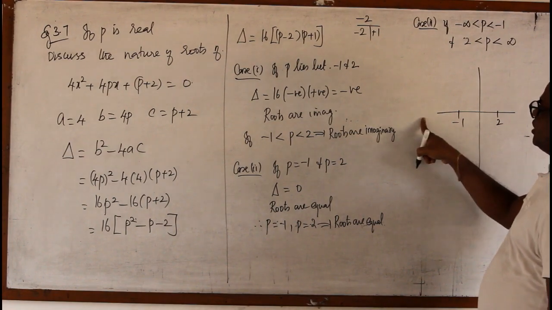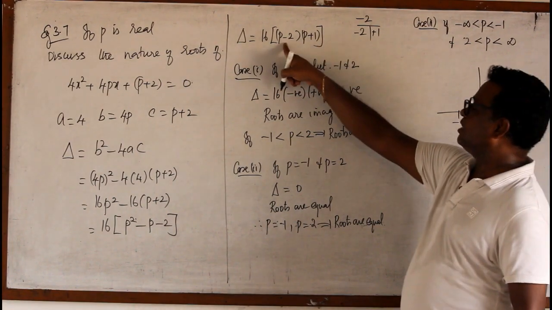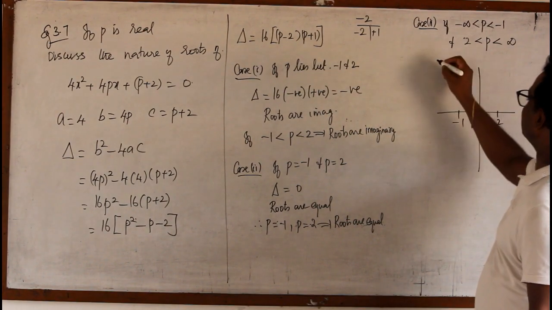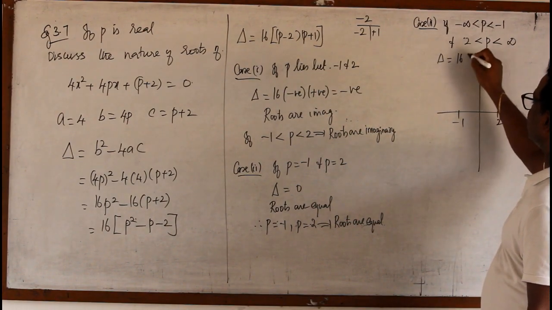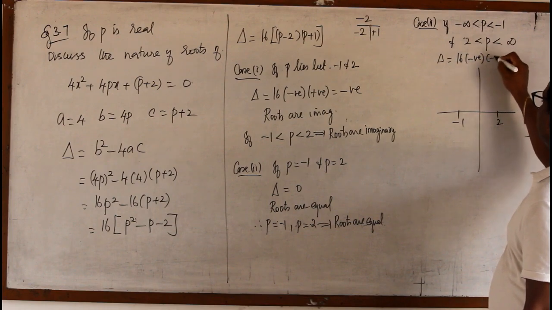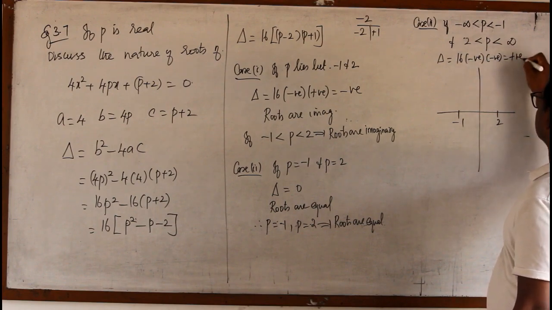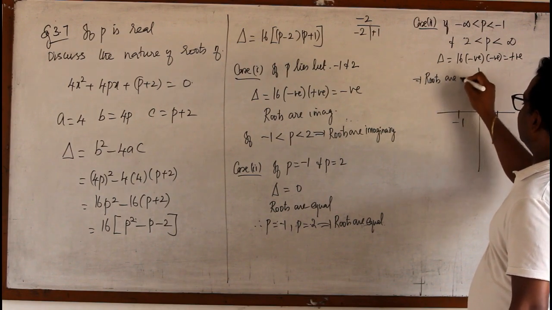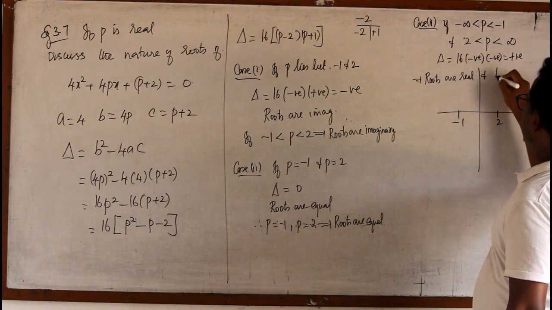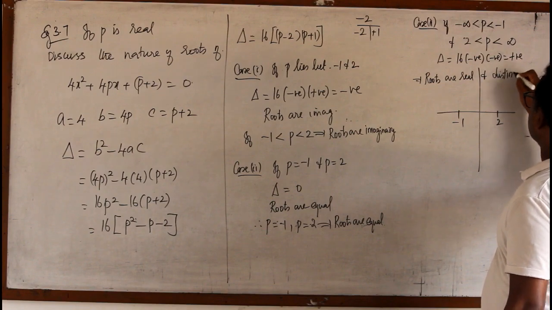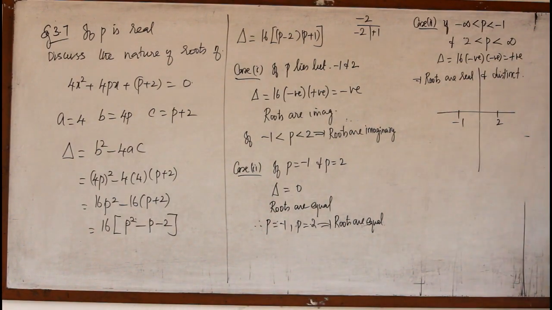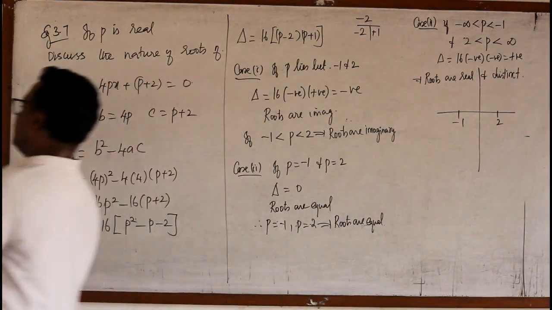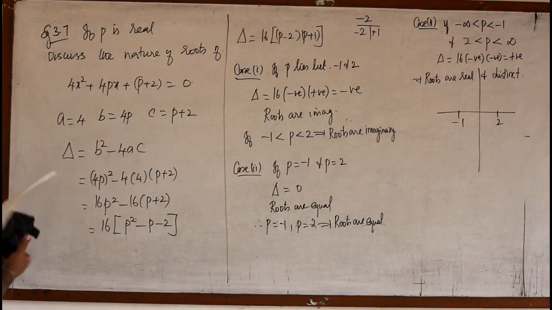Maybe if it is minus 2, then minus 2 minus 2 is negative and minus 2 plus 1 is negative. So delta in both the cases will be negative into negative, so it will be positive. In this case, roots are real and distinct. So with that, all the examples are over. Now we should go for the exercise problems.